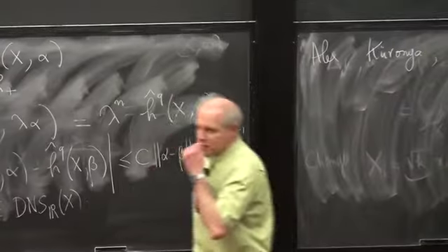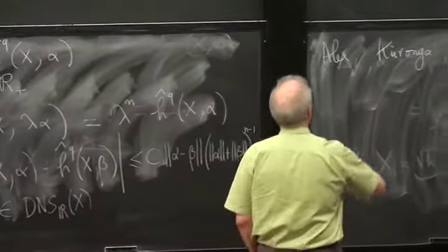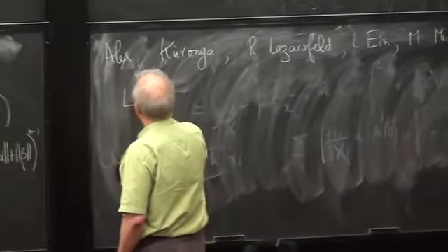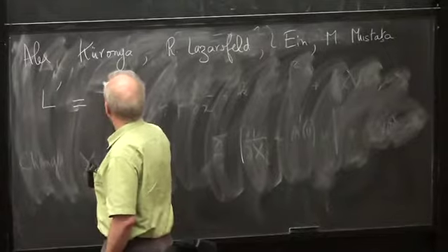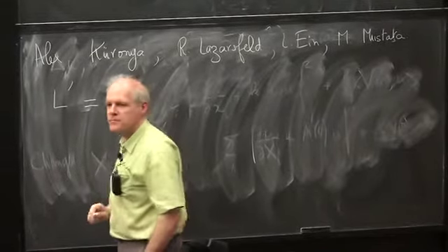So the idea is quite simple, actually. Suppose you have two line bundles which differ by a small amount.